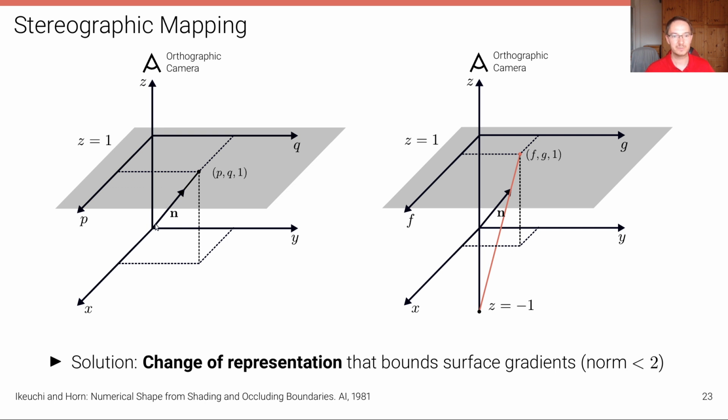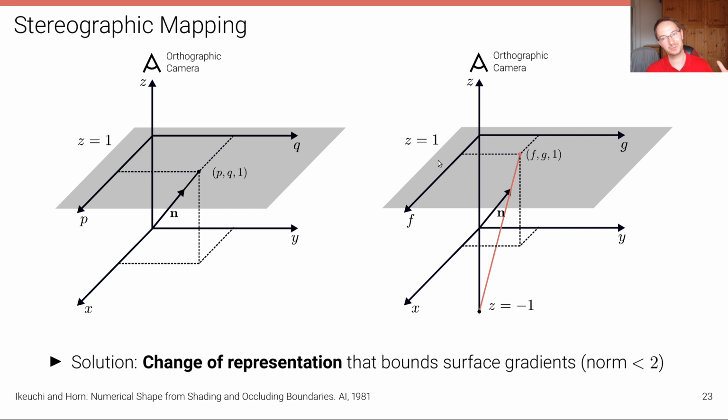Well, instead of taking the normal and intersecting that normal with the PQ plane, we are going to take a line that starts at 0, 0 and minus 1. Here at this point, c equals -1, and it goes through this normal head, the point where the normal points to, and we are going to intersect that red line now with this c equal 1 plane.